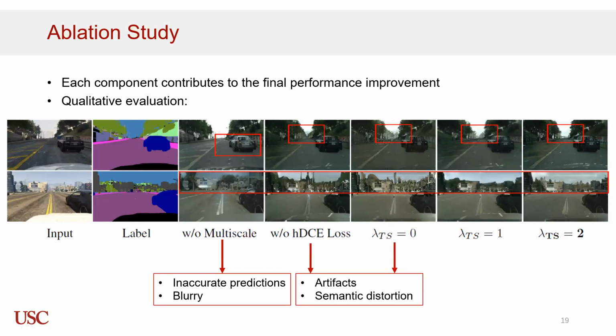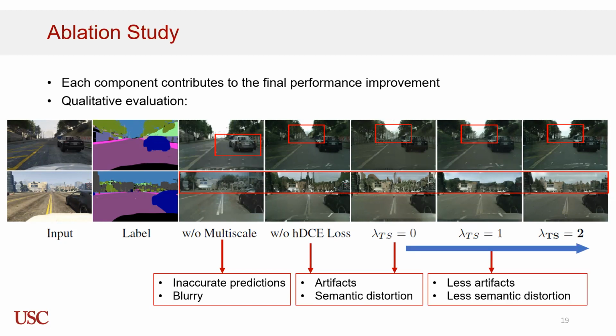And if we delete the HDCE loss and TS loss, we can see more artifacts and semantic distortion. And if we increase the weight of the TS loss, we can see that we have fewer artifacts and less semantic distortion, which also proves the efficacy of TS loss.